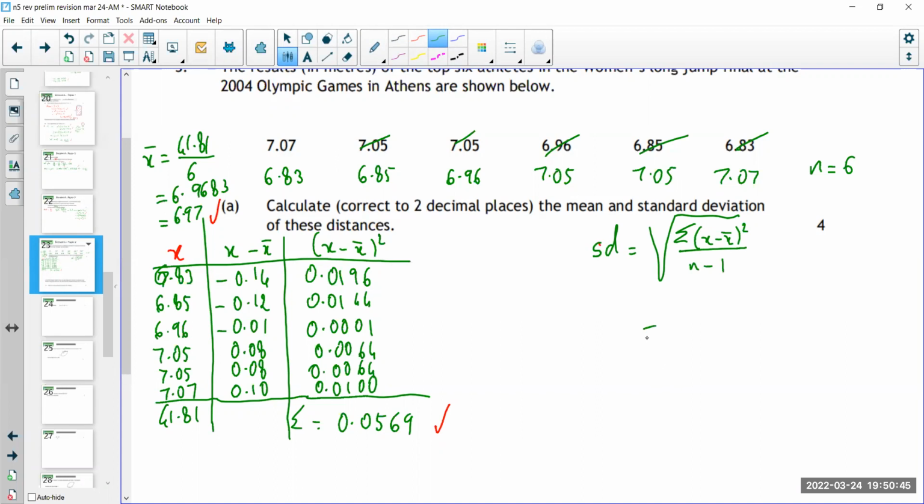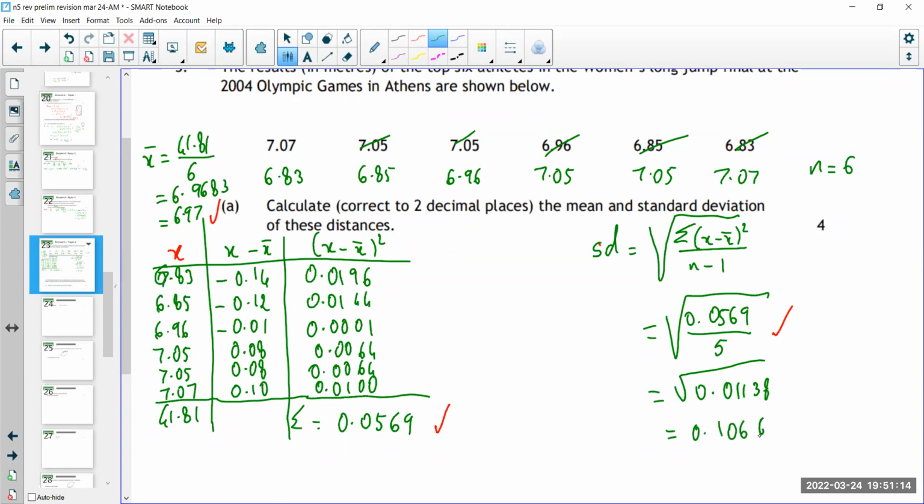You just replace n: 0.0569 divided by 5, then you take the square root. And writing that gives you a mark. And that is 0.01138. Square root of all that is 0.1066. To 2 decimal places, 0.11.